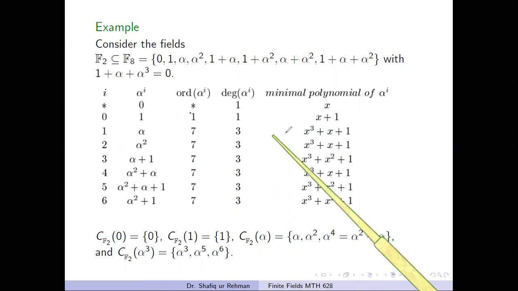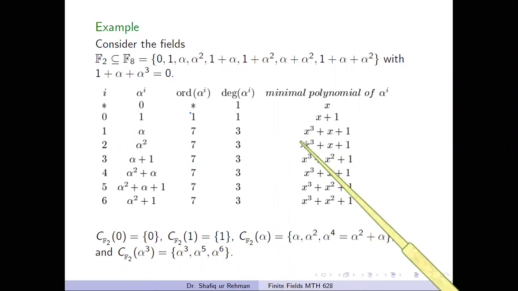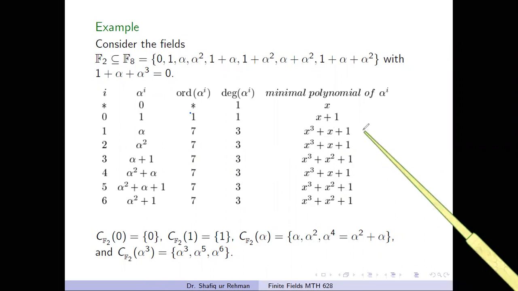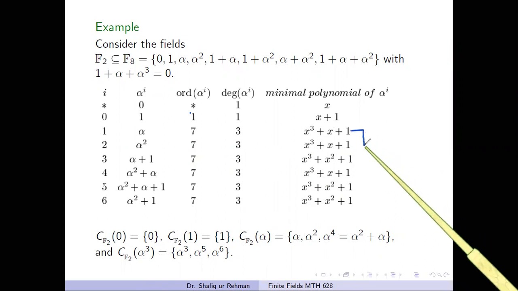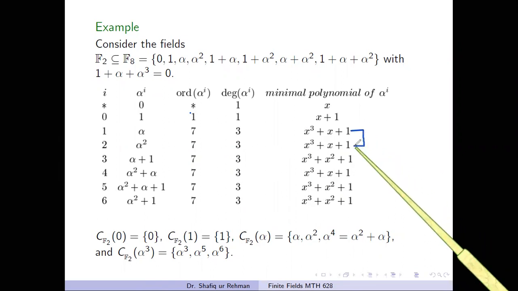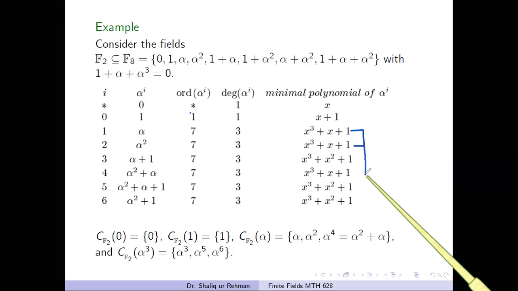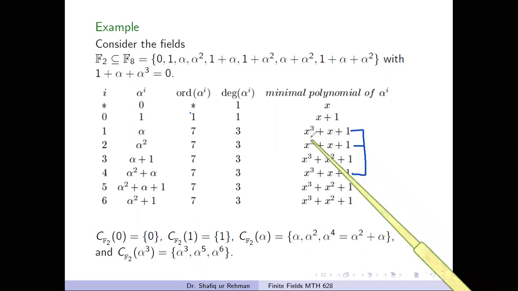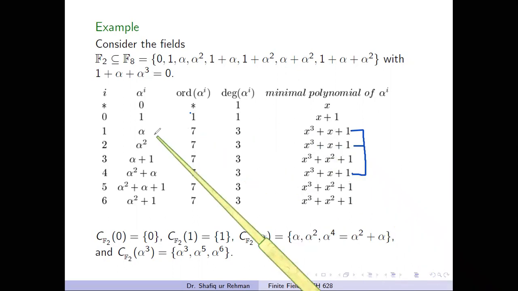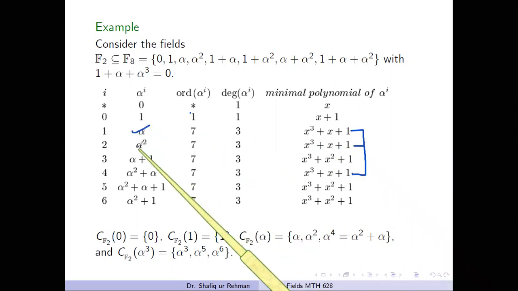But for alpha we have this polynomial, and also this polynomial x cube plus x plus 1, and note that these three minimal polynomials are the same, and these are for the elements alpha, alpha square, and alpha power 4. So these elements are conjugates.